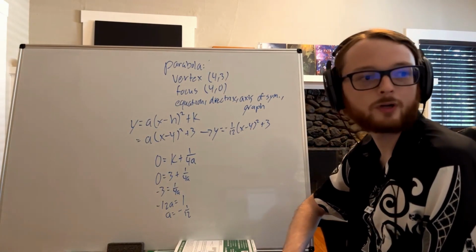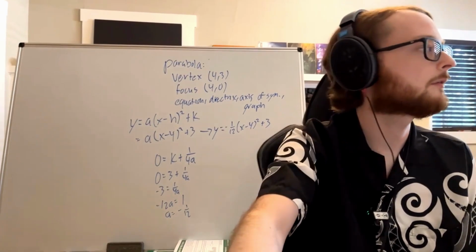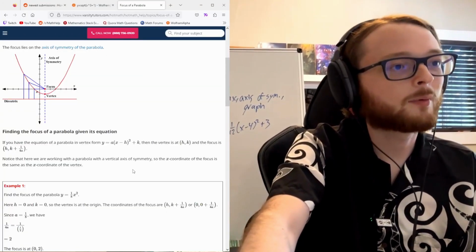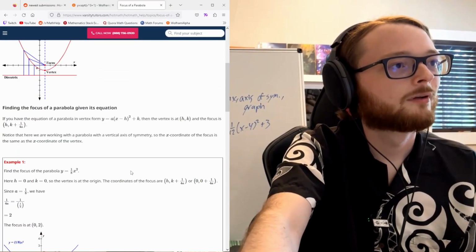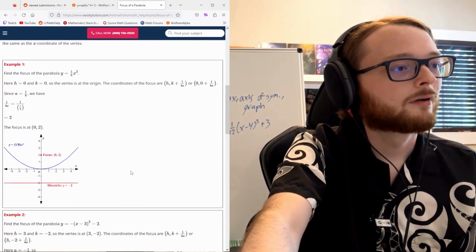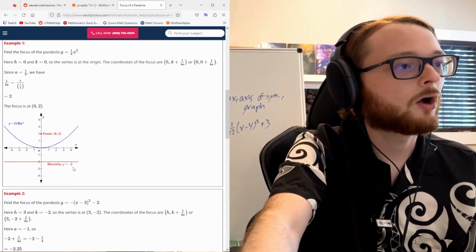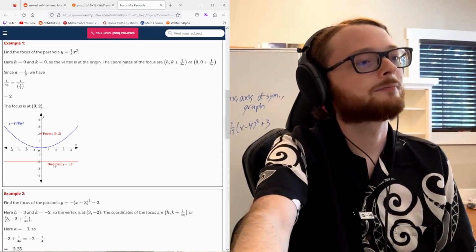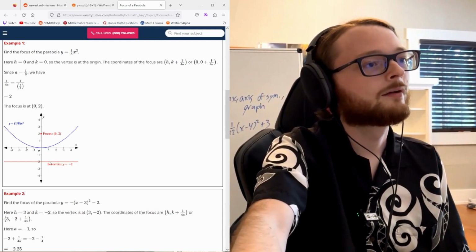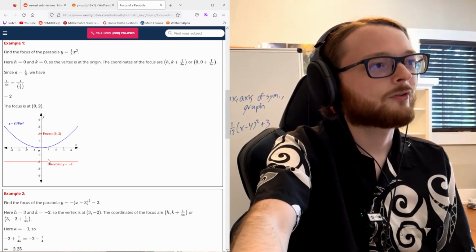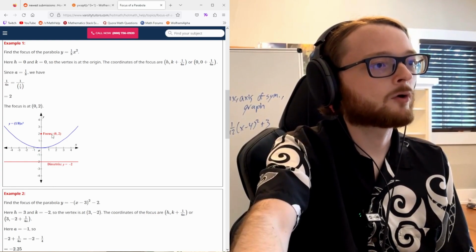Now the directrix, what the heck? Let's figure out what the directrix is, because I remember hearing that term, but I don't remember how you really define it. Oh, it's this line down here. Okay. And the directrix, is it just always like the negative y coordinate of the focus?